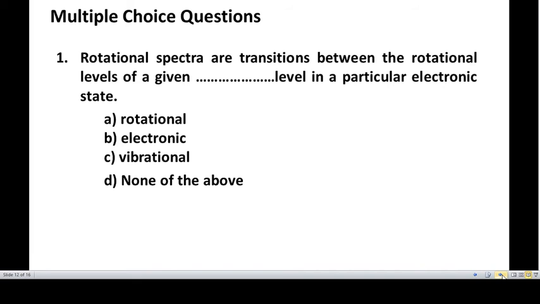Now let us look at a few multiple choice questions. The rotational spectra are transitions between the rotational levels of a given dash level in a particular electronic state, and the options are rotational, electronic, vibrational, none of the above. The answer is vibrational level.